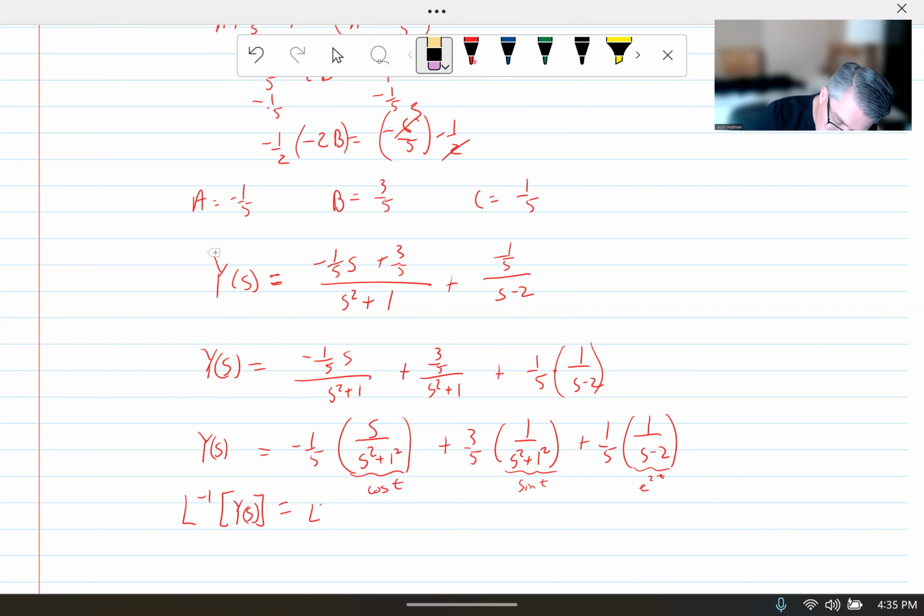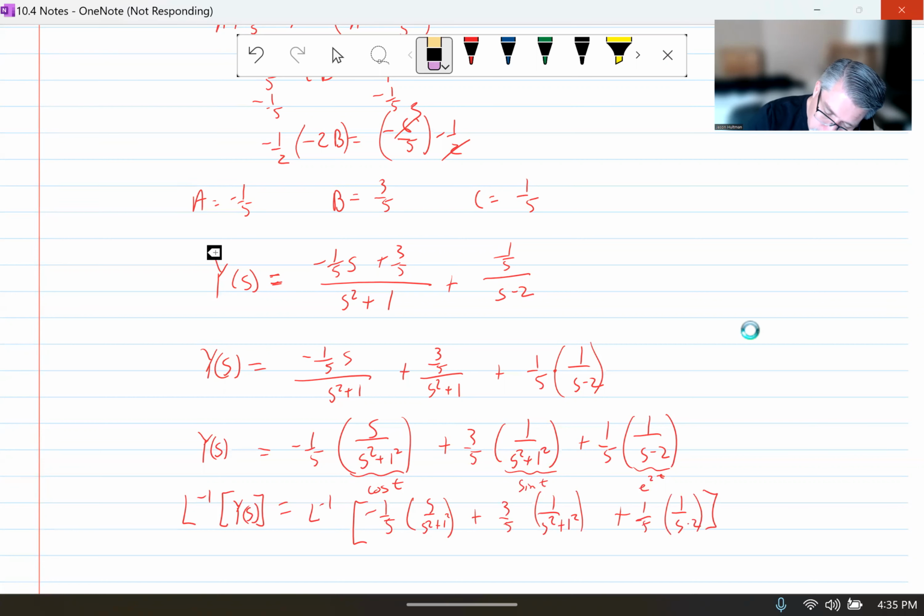So the inverse Laplace transform of negative 1/5 times s over s squared plus 1, plus 3/5 times 1 over s squared plus 1, plus 1/5 times 1 over s minus 2.